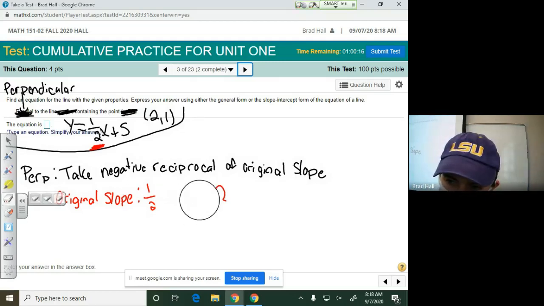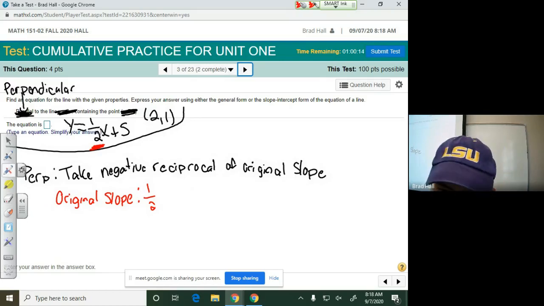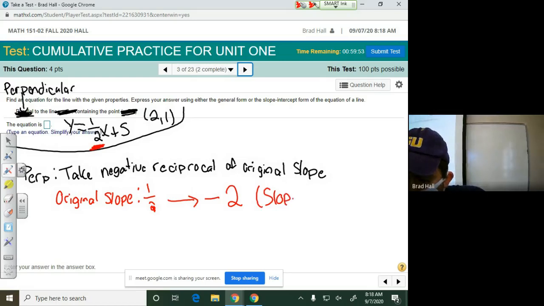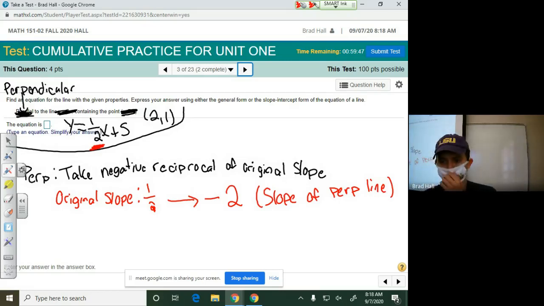Oh, one second, let me just write that again. So this would just be negative 2, in other words. So you change the sign as well. If it's positive, make it negative. If it's negative, make it positive. And from here, you know the slope of the perpendicular line. So you already have half of the answer now.